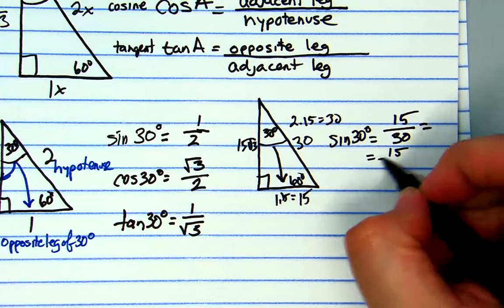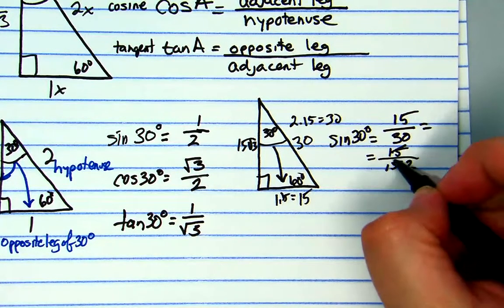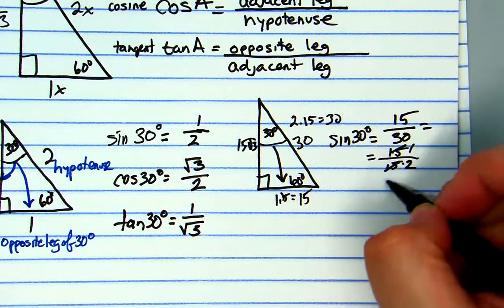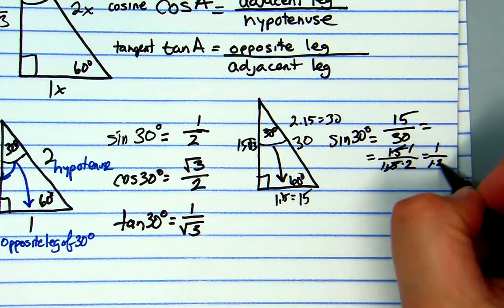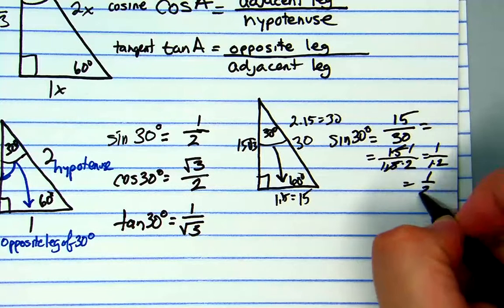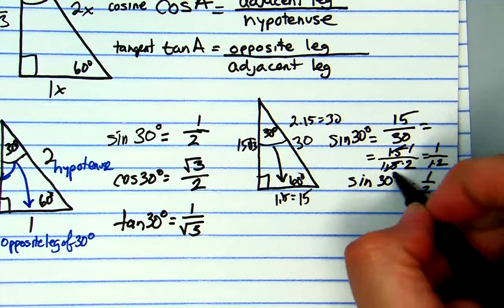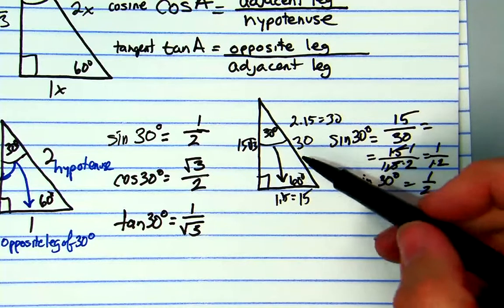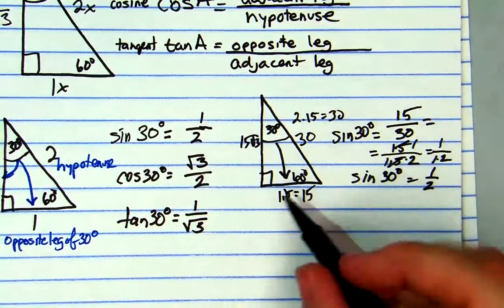That's 15 over 15 times 2. The 15's divide out, and I'm left with 1 in the top and 1 in the bottom. So this is 1 over 1 times 2, which is 1 over 2. So I found out that the sine of 30 for this triangle, which had totally different sides than the original, was 1/2.